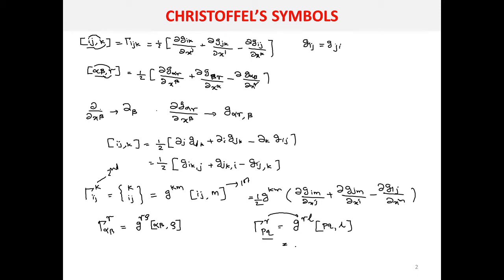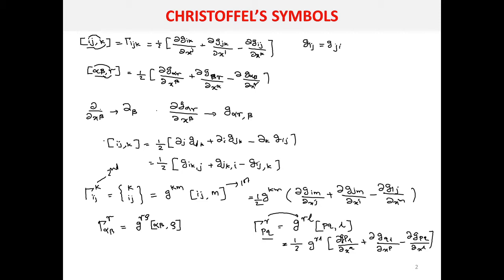Its value, when you express this Christoffel symbol of the first kind, will be half g rl times dou g pl divided by dou xq plus dou g ql divided by dou xp minus dou g pq by dou xl.